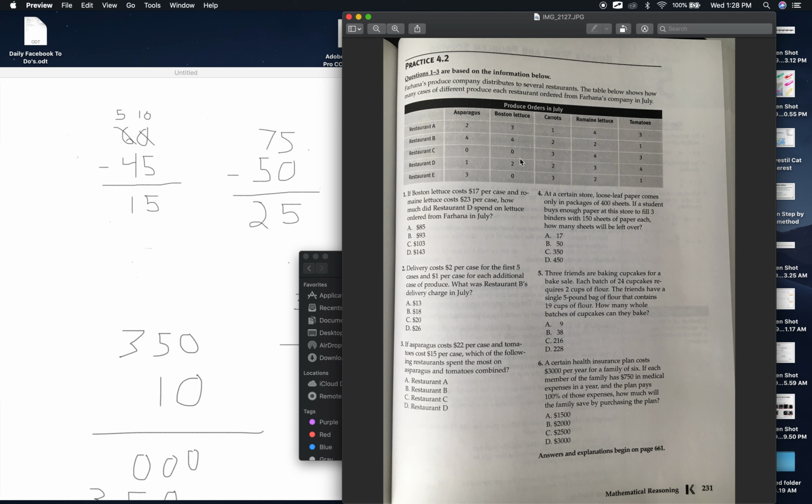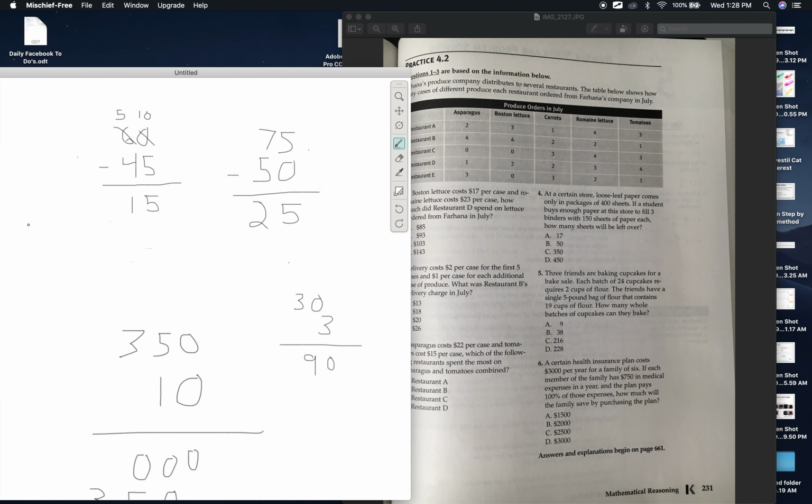She got Boston. Restaurant D purchased 2 Boston lettuces. So let's calculate that. If they purchased 2 of those, it would be 17 times 2.